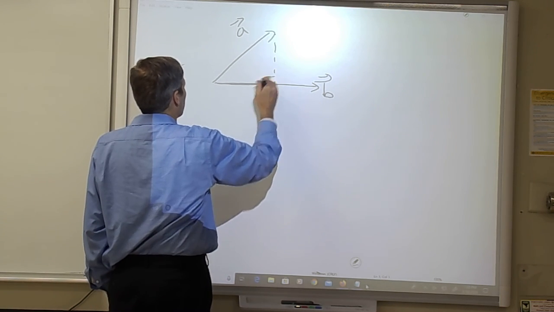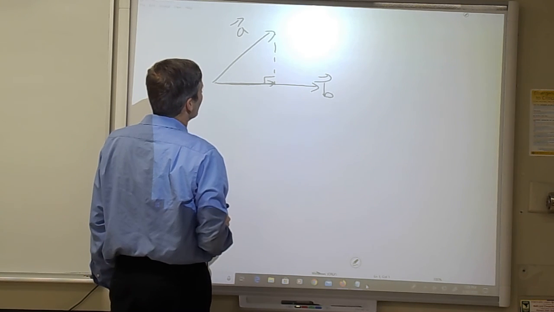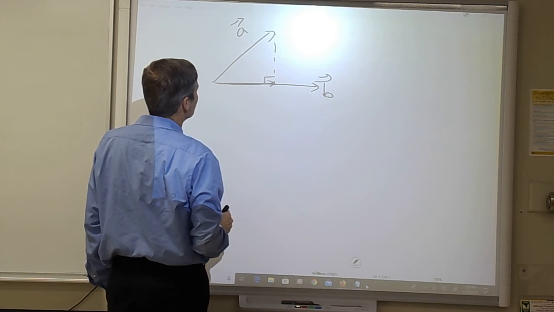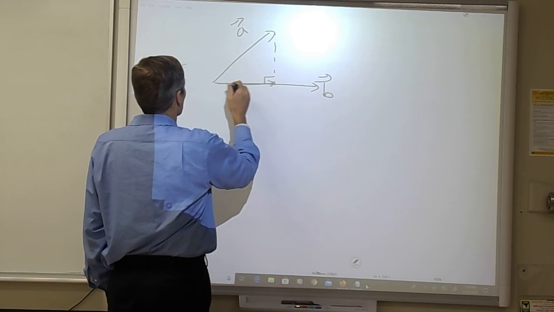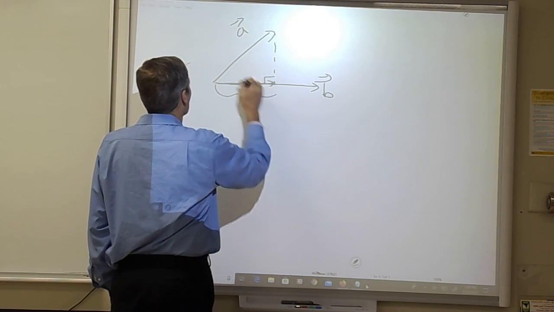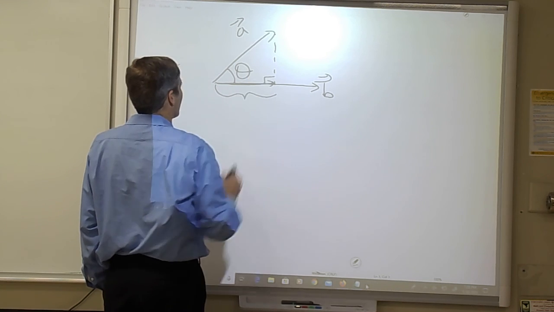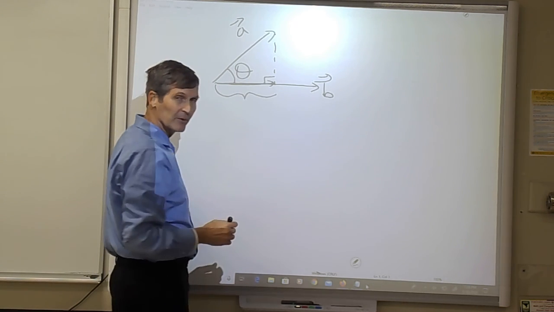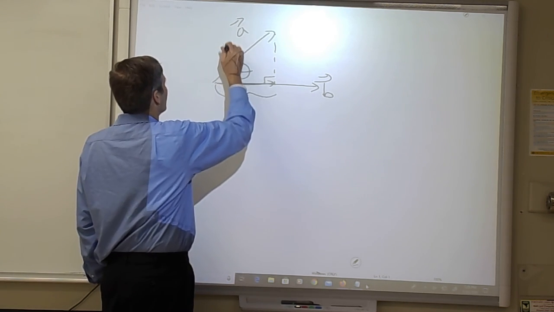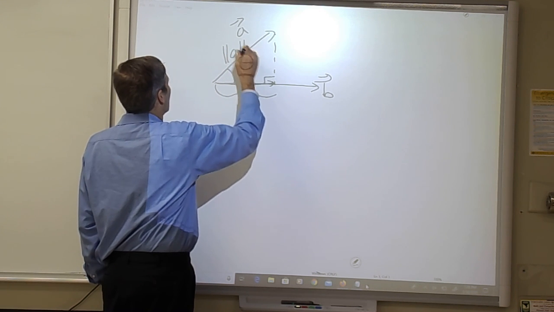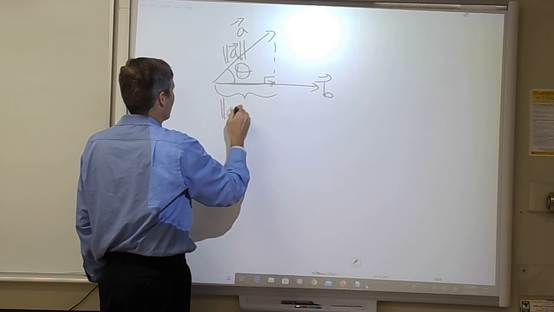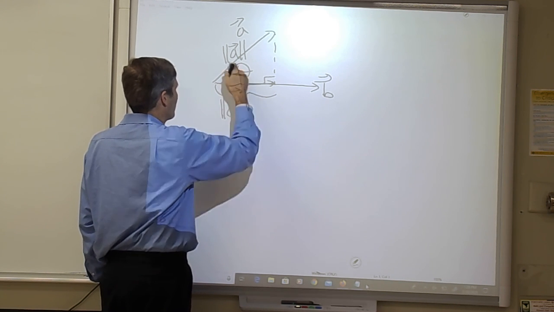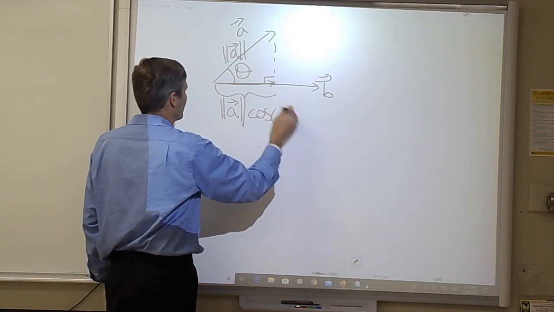Well, this is supposed to be dropping in perpendicular. What is the length of this? This is the angle theta between them. If you remember from trigonometry, this side times the cosine of the angle is equal to this side, right? This side must have length of the hypotenuse times the cosine of the angle here. That's from trig.